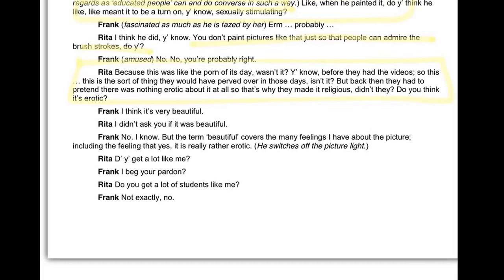The educated people could have a nude picture on the wall and have it made art, but if there's a nude picture on a garage wall, it becomes pornography. And so just through context and through meaning, we have class barriers being challenged here by these characters.